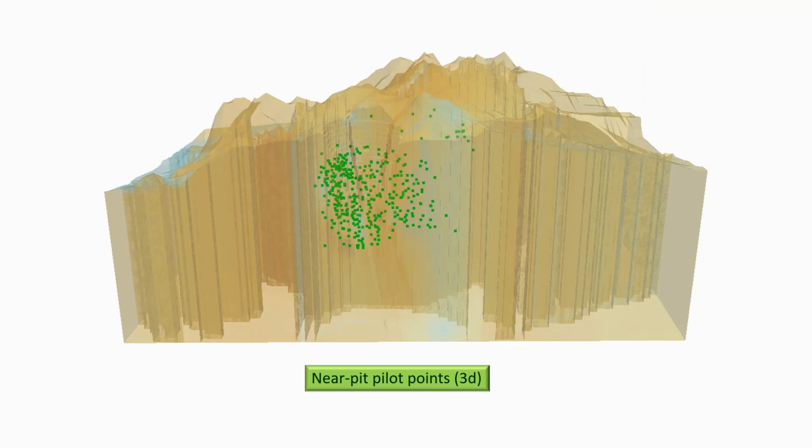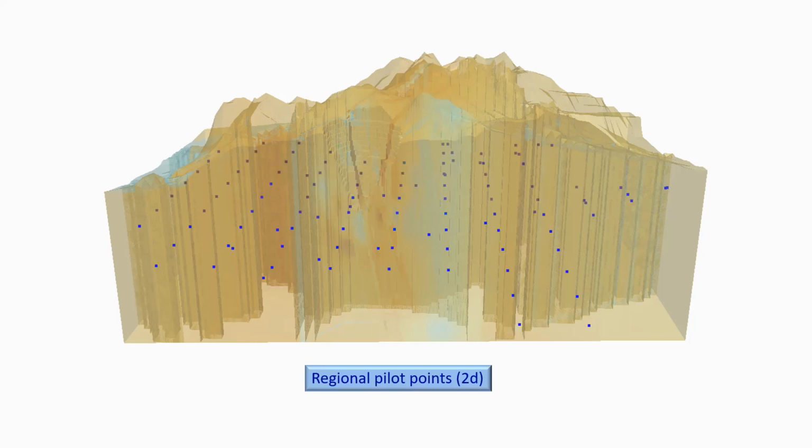My colleague used 3 sets of pilot points. Near the pit, he used 3-dimensional pilot points which acted as multipliers on a regional parameter field informed by 2-dimensional pilot points.